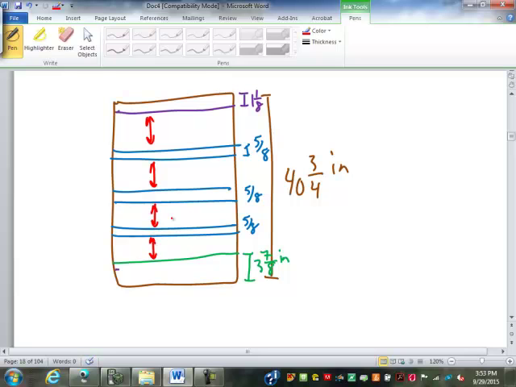We need to figure out how big each of those spaces is. So what I would do is add up the total room taken up by the shelf thicknesses in the top and the bottom. So I'm going to add up 1 1/8 plus 5/8 plus 5/8 plus 5/8 plus 3 7/8, which is what?